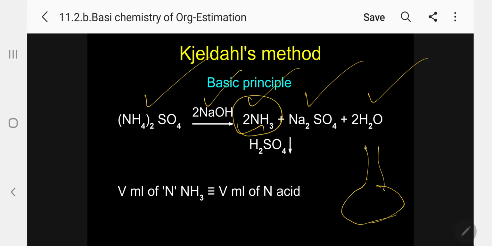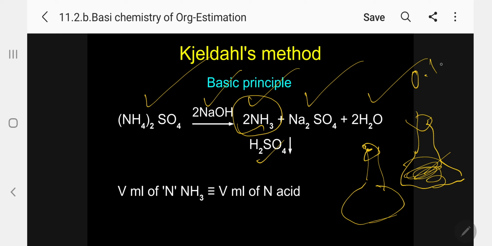In the conical flask, you take a known quantity of acid, for example sulfuric acid or hydrochloric acid, anything you can take. Known quantity, let us say 0.1 N or any strength, and the volume also you must know.